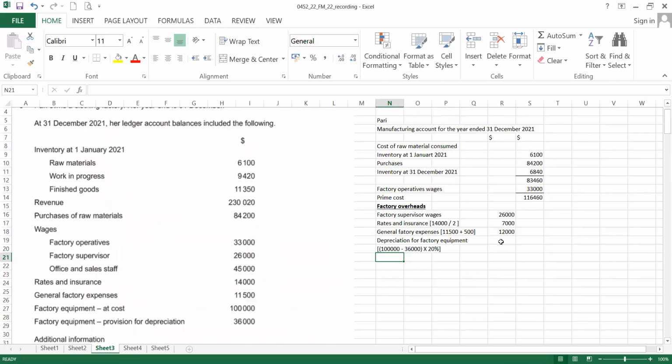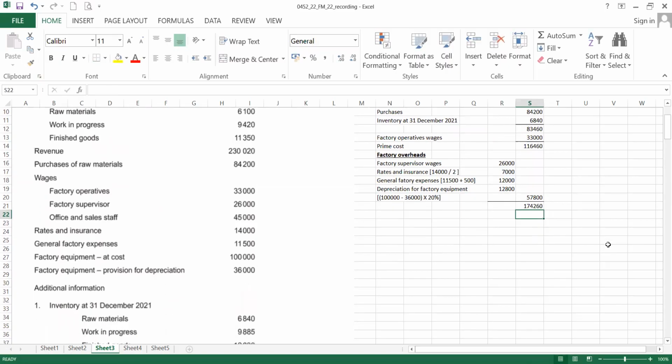So we have 12,800. Okay, that's all, no more. So I add the subtotal. Okay, so this is the amount that I have. So add the total. Okay, I get this amount.